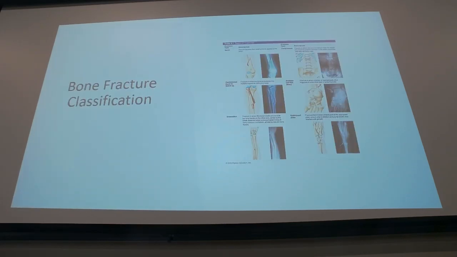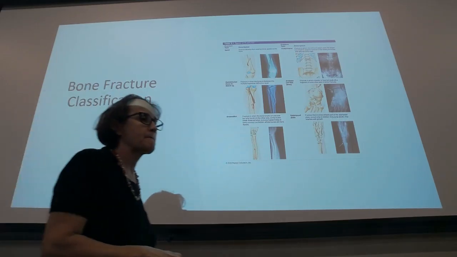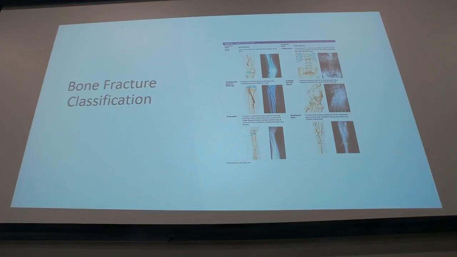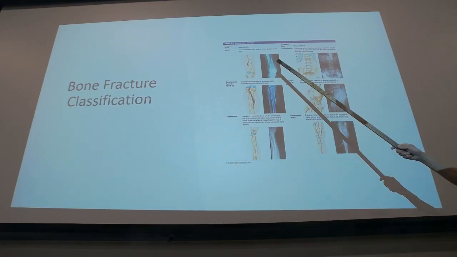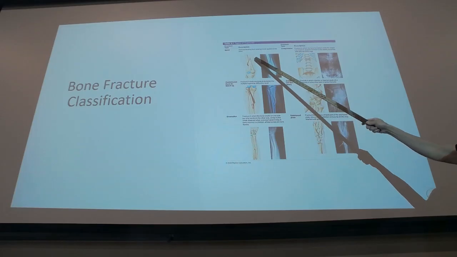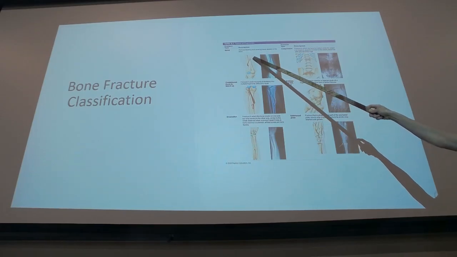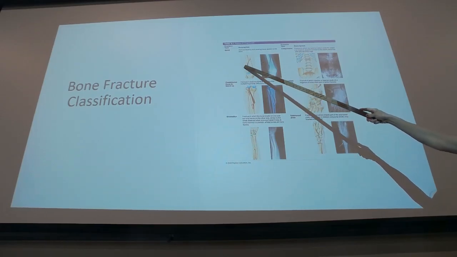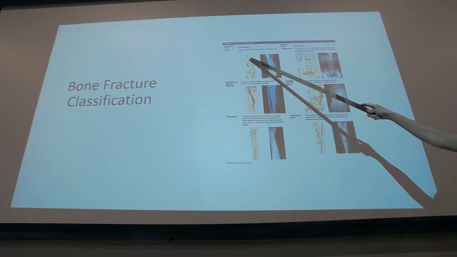So here is a classification of fractures. If the fracture goes around the bone in a spiral, this will be called a spiral fracture.